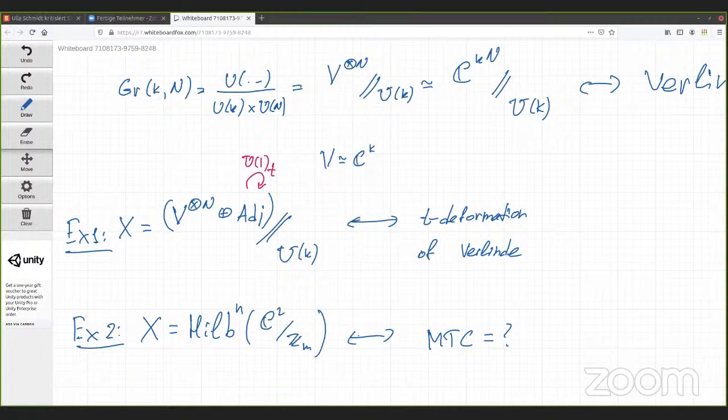And as Boris pointed out, of course, there are many VOAs which have the same MTC. Yesterday, this was part of the confusion, and that's of course exactly right. So in general, this link is not there, at least this kind of link. So I'll draw it as a dotted line, and I'll write that it holds sometimes.